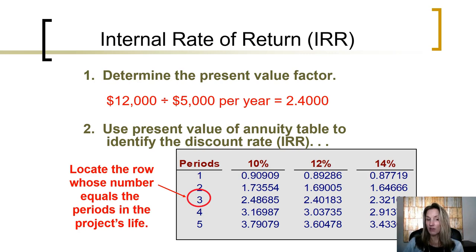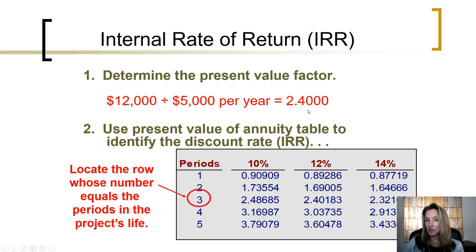This project has a 3-year life, so we're going to go to the period 3 row in our present value table. We are then going to follow that row along until we find the interest rate that most closely comes to that in present value factor.